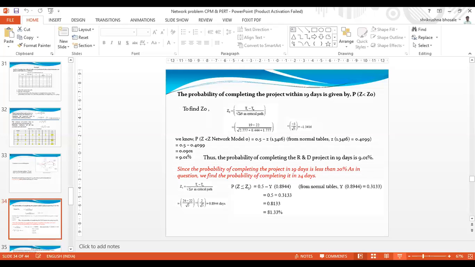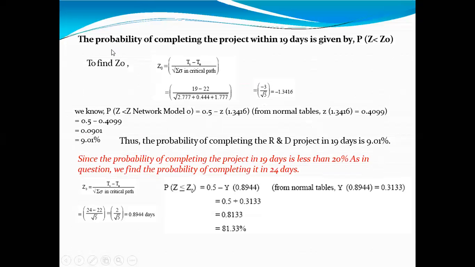In this particular juncture, we have to calculate the probability of project completion in 19 days. How much is completed in 19 days, that we have to find out. For that, we have to find Z0. How is Z0 calculated?